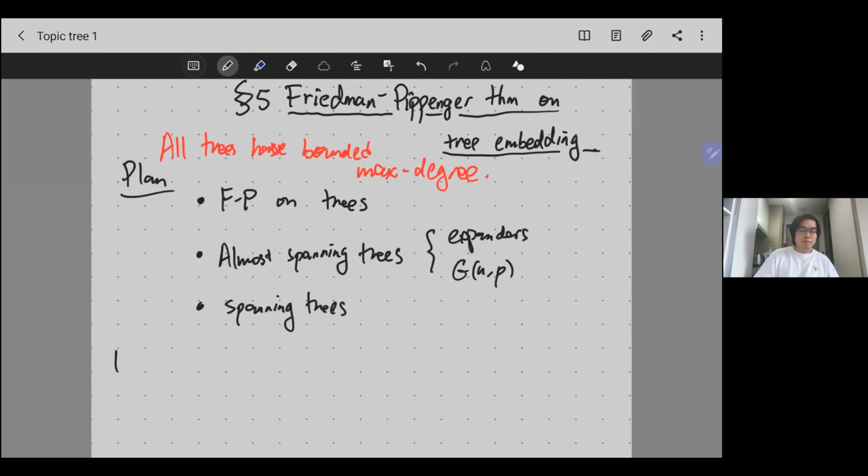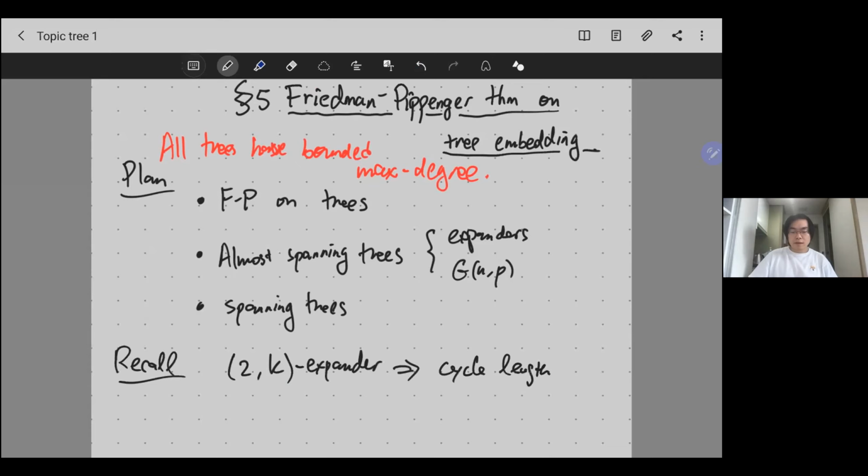Recall one consequence of Pósa's rotation is that if you have an expander in which all sets of size up to k expand by a factor of 2, so a (2,k)-expander, then you can find a cycle with length at least 3k. This is one of the corollaries that we derived last week from Pósa's rotation.